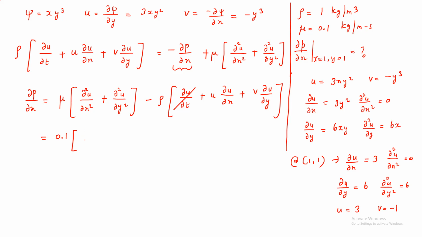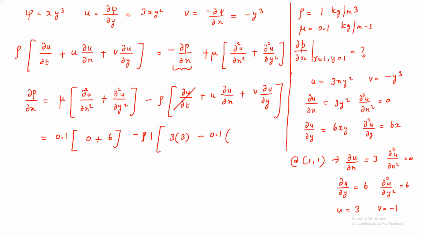Dou square u by dou x square is 0, dou square u by dou y square is 6, right? Minus rho is 1, u is 3, dou u by dou x is again 3, plus v is minus 1.